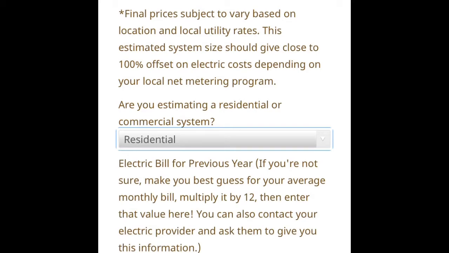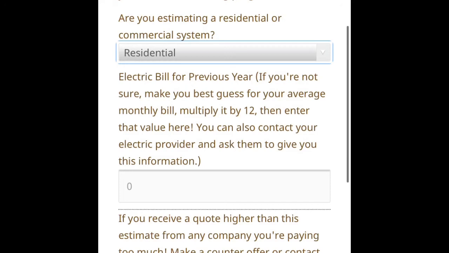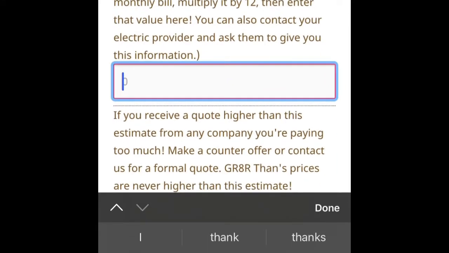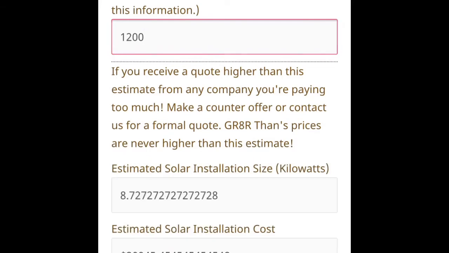So all you do, let's say you just put in your electric cost for the previous year, or like it says here, if you're not really sure what that price is, just make a guesstimate of how much your electric bill is each month and multiply it by 12. So let's say you spend $100 a month, and that's $1,200 a year.